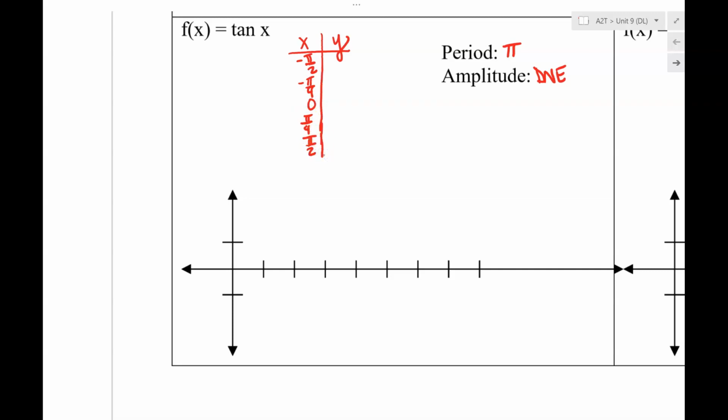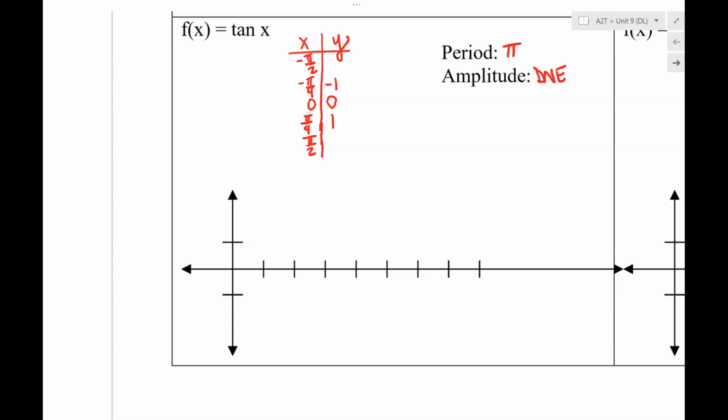Okay, here's why. What is the tangent of 0? Sine over cosine. It is 0. What's the tangent of pi over 4? 1. What's the tangent of negative pi over 4? Negative 1. And then what's the tangent of pi over 2? Okay, so pi over 2, sine over cosine, that's 1 over 0. That's undefined.